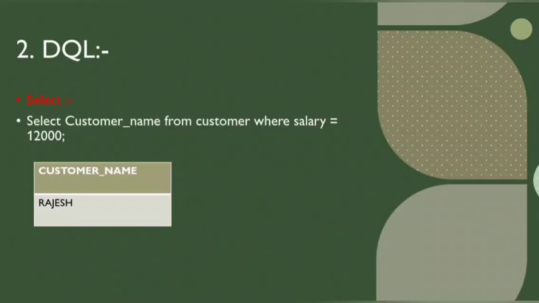In our records we have only one customer with a salary of 12,000, so that customer name is fetched. Like this we use the select command. Only the select command is there under the DQL.